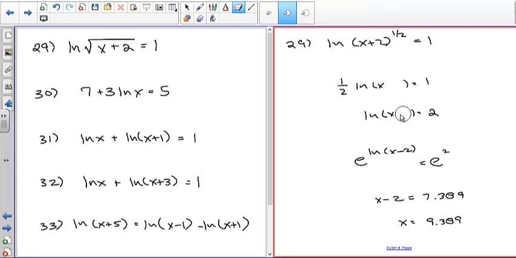That's why. Okay, so we got x plus 2, so this is 5.389. So let's put in 5.389 instead of 9.389. So 5.389 plus 2. Take the square root of that. Take the natural log, and you get 1. You get the right answer.